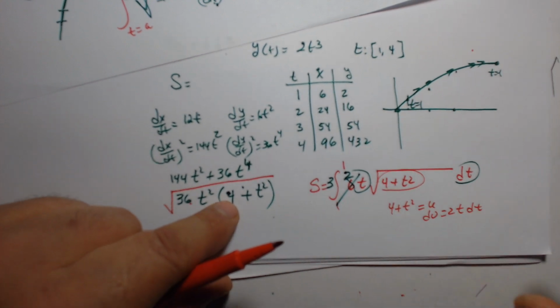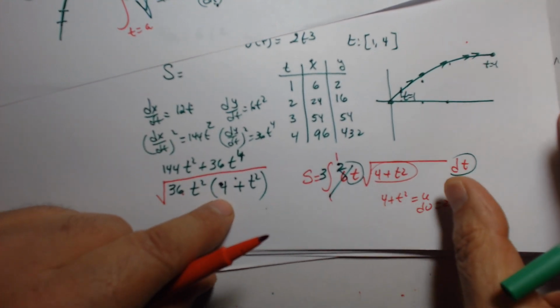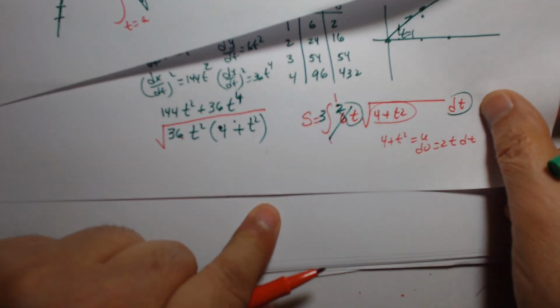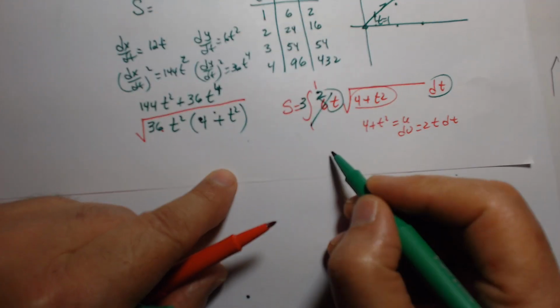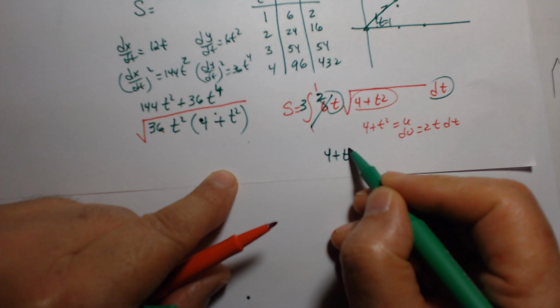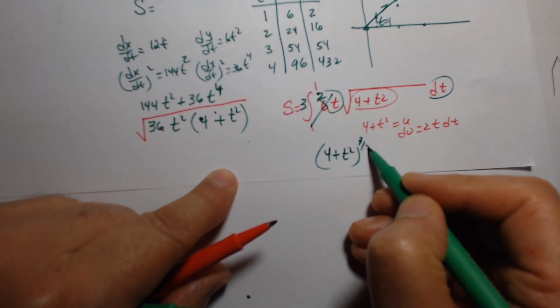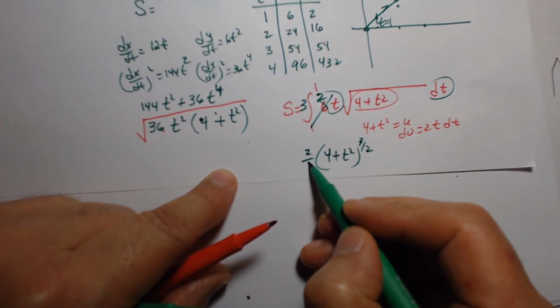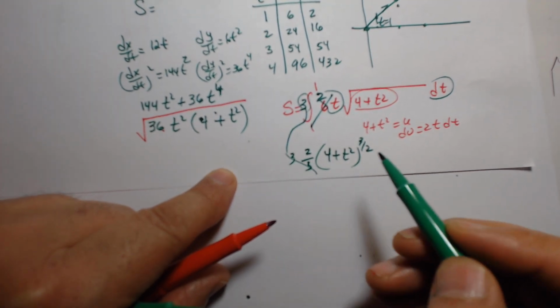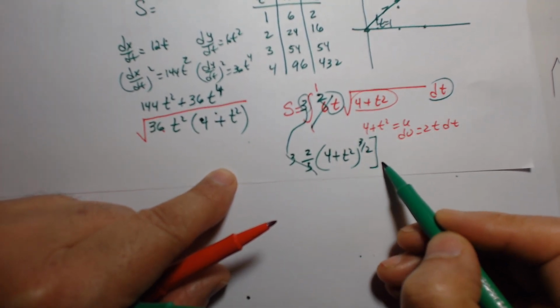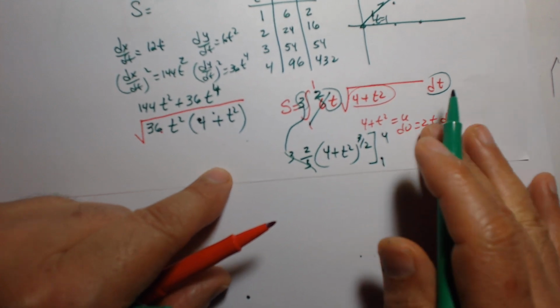When I integrate u to the power of 1/2, it becomes u to the power of 3/2, which is 4 plus t squared to the power of 3/2, and then I have to divide by 3/2. Don't forget I have a 3 here, multiplied by 3, and this goes from 1 to 4.